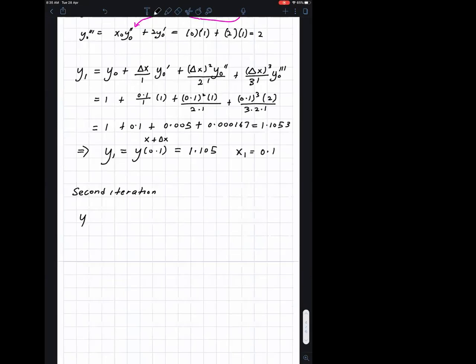To find the second iteration, you go ahead and find y2. Earlier, to find y1, we used the same formula. Now you're going to change the subscript.